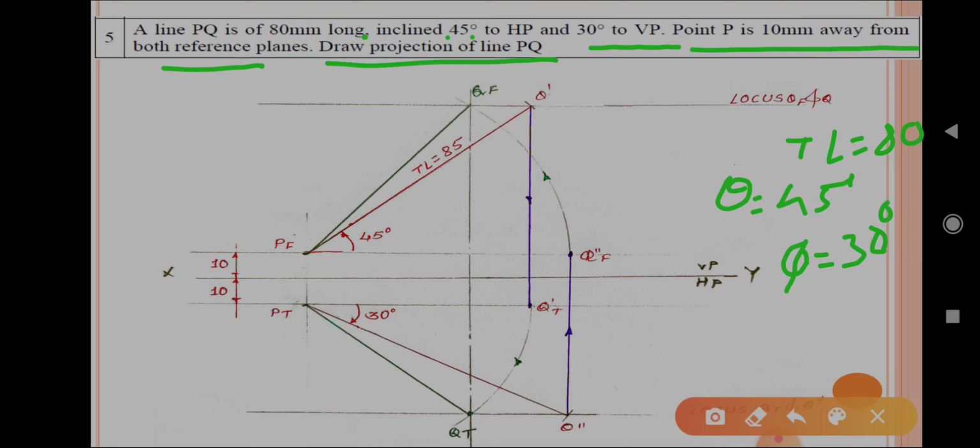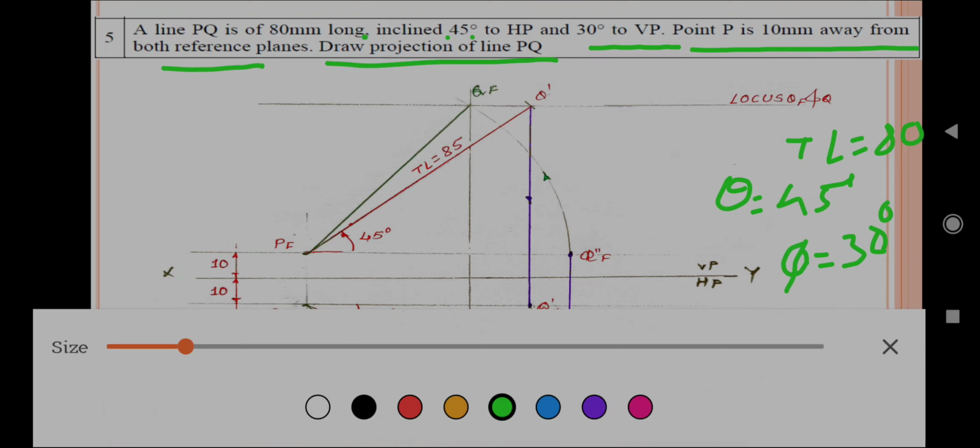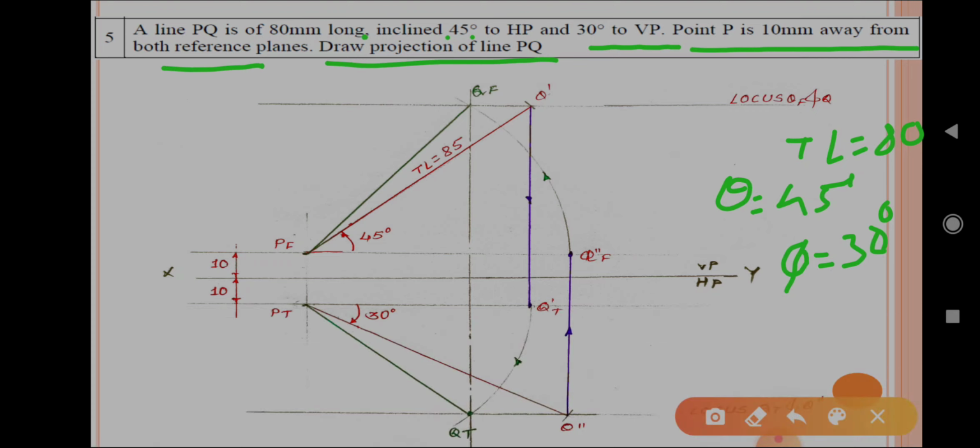Draw the projection of line PQ. By using this data, first mark the points PF and PT 10 mm away from both reference planes.